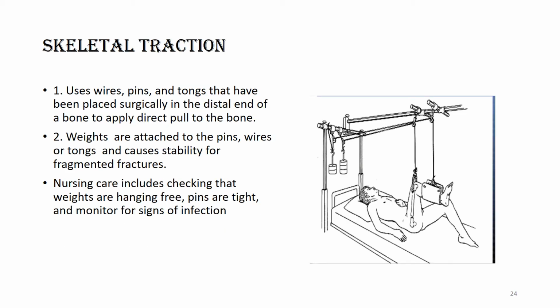Skeletal traction is where wires and pins and screws and tongs have been placed surgically at the distal end of the bones to apply direct pull to the bone. Weights are attached to the pins and wires, as you can see in this picture, that causes stability for the fragmented fractures.